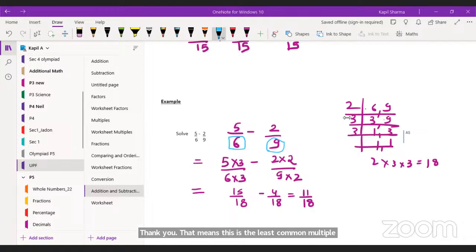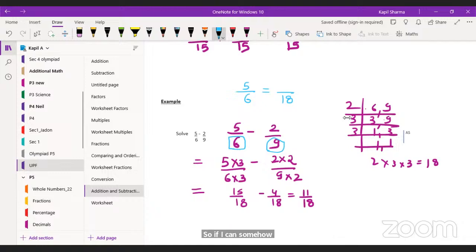So if I can ensure that the denominator of each of these fractions is 18, then it's quite easy for me to subtract, right? Because we can easily subtract like fractions. We just have to subtract the numerators, right? So if I can somehow ensure that the denominator of the first fraction becomes 18, then my job is easy.